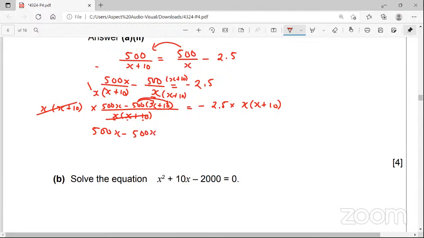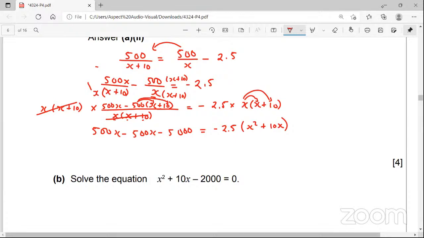Negative 500 times positive 10 will give me negative 5,000. Okay. And then negative 2.5. So here what I'll do is I'll first multiply this. Okay. Then I'll have negative 2.5 into x squared plus 10x. Are we together till there?